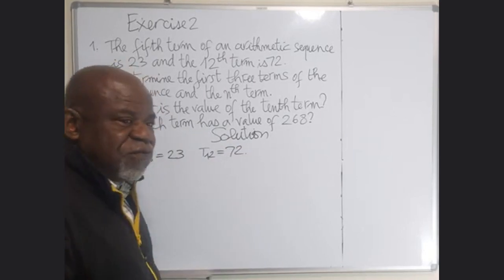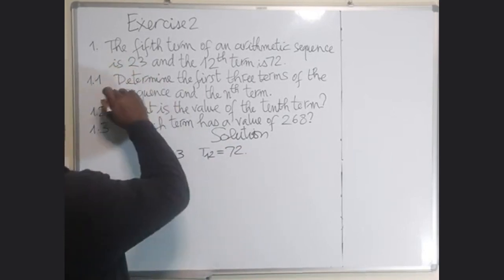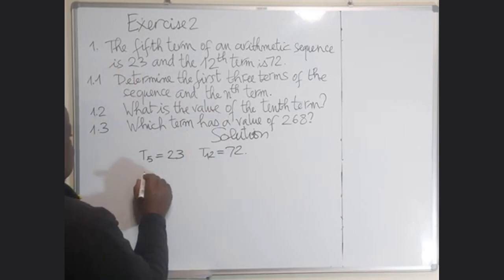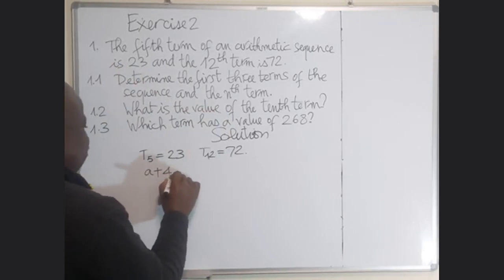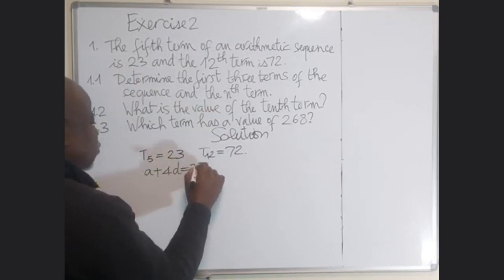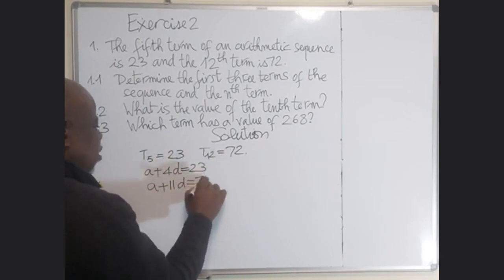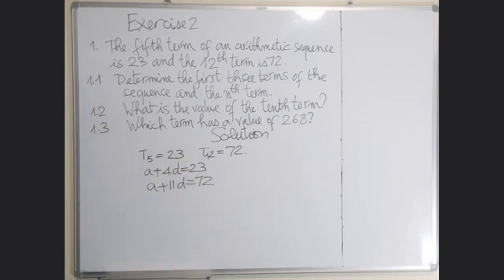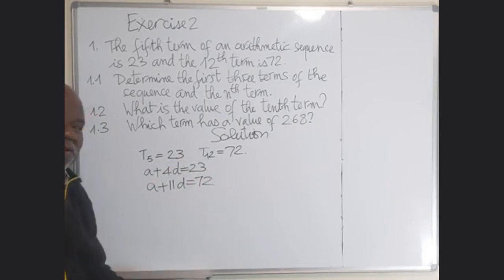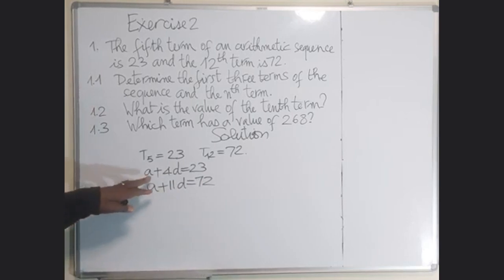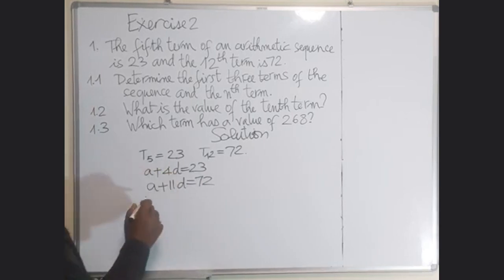So using the general formula for the first question, we're going to write A plus 4D equal to 23, and A plus 11D equal to 72.